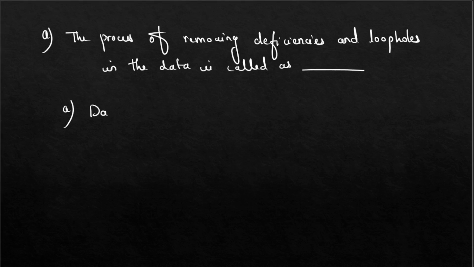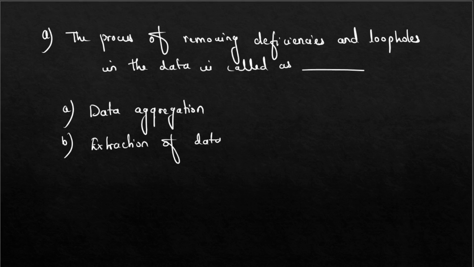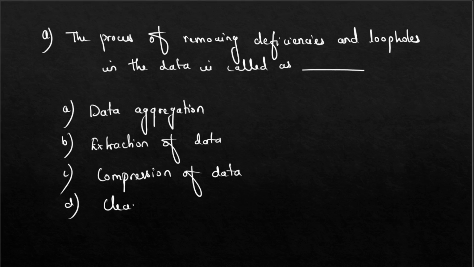A is data aggregation, B is extraction of data, C is compression of data, D is cleaning of data. So what do you think is the correct answer? Just answer this, everyone.